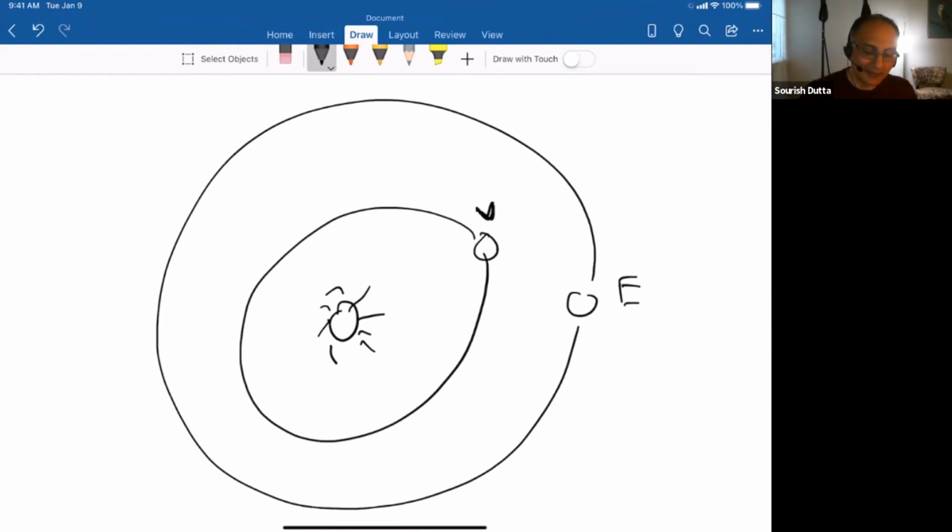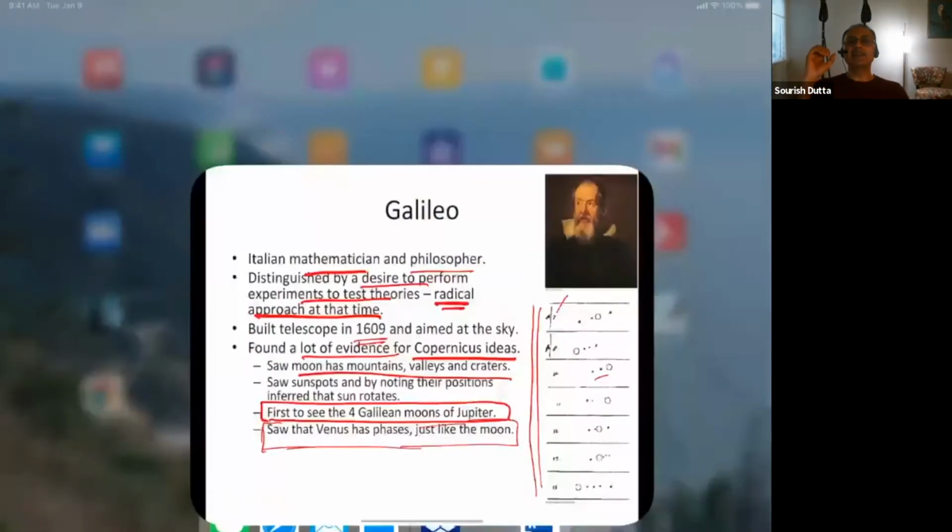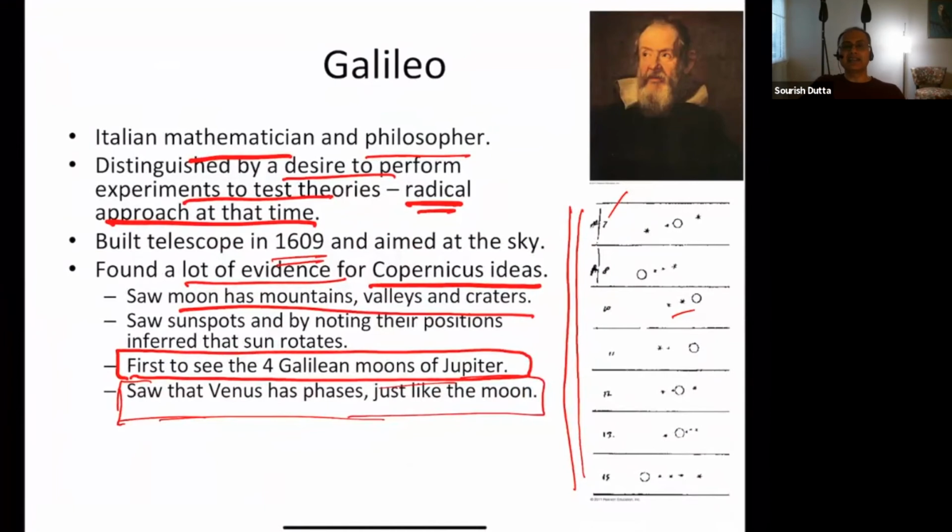So using his telescope, he looked at Venus carefully and tried to see if Venus had phases, and he saw, yes, it does have phases, which shows that the geocentric model cannot be true. So the two most convincing pieces of evidence that Galileo got, which convinced him that the geocentric model is wrong, were the moons of Jupiter and also the phases of Venus, but he saw the phases of Venus much later.